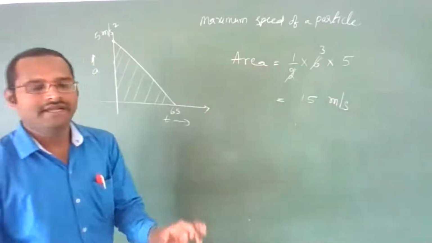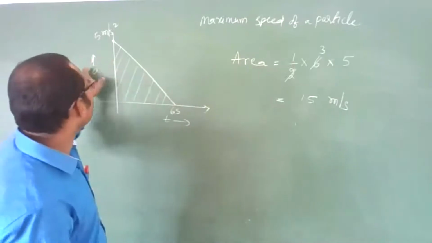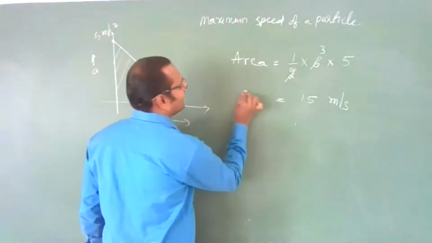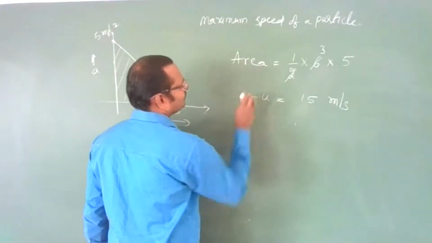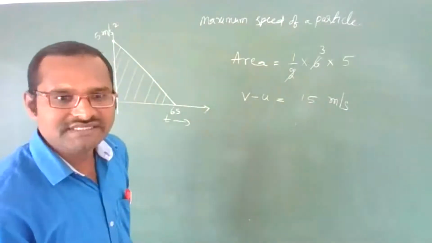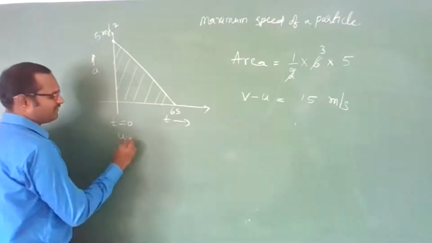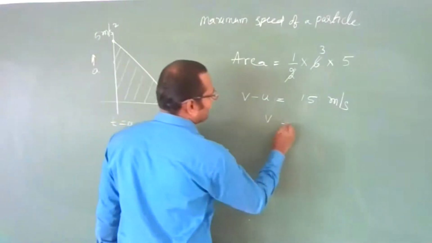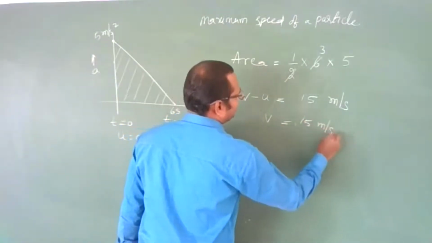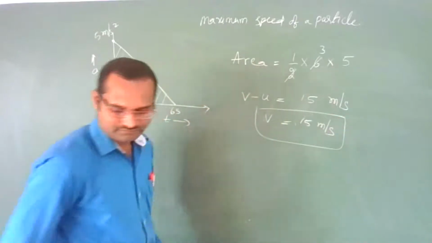Area of the AT graph gives you change in velocity, V minus U. But at time t equal to 0, the particle starts from rest, so U is 0. So V should be 15 meter per second. That is the answer.